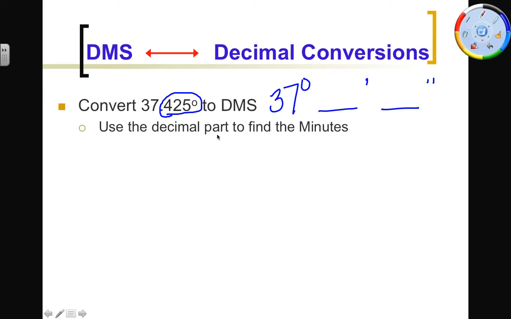Well, this 0.425 is part of a minute. So we're going to say it's 0.425 times 60. How much of 1 minute is this particular decimal? If you do that, 0.425 times 60, you get 25.5.